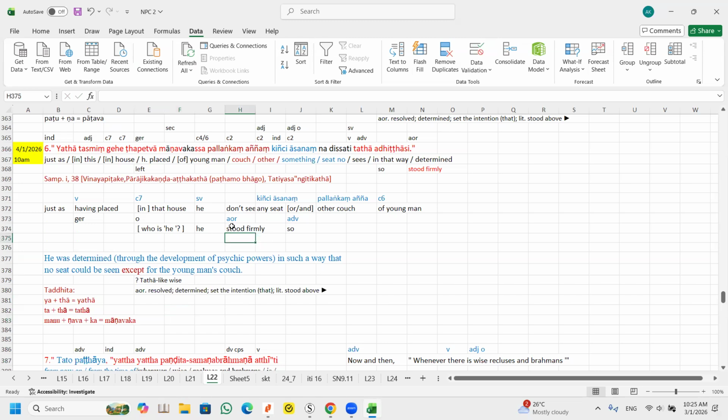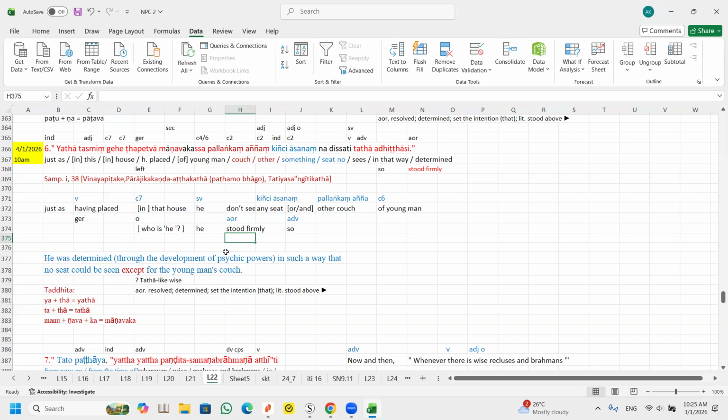Technically, your translation is correct. So if you say he stood firmly, but now this he and this he are two different he.